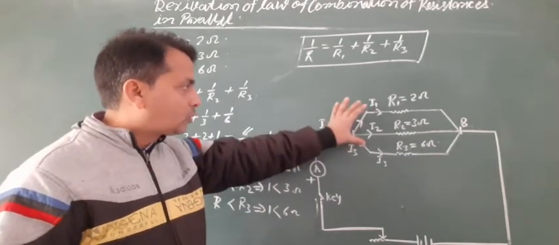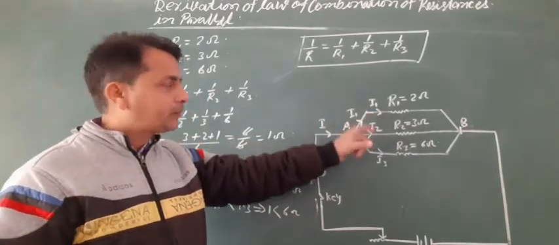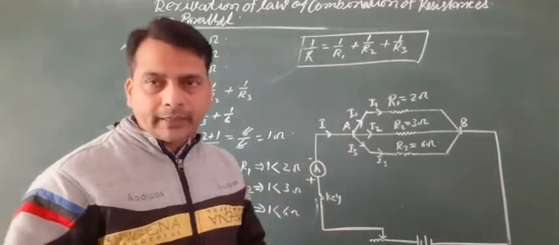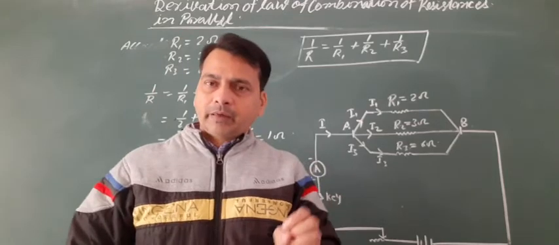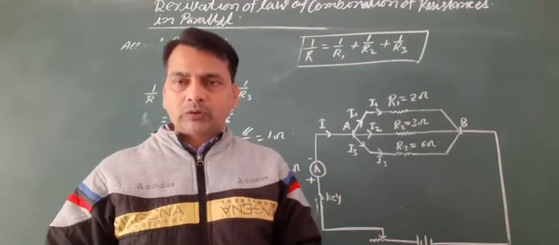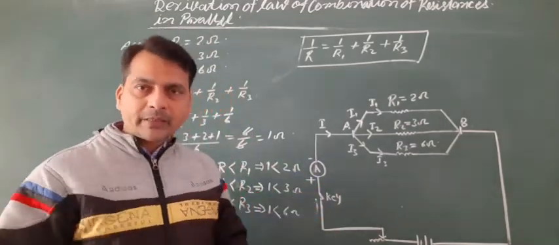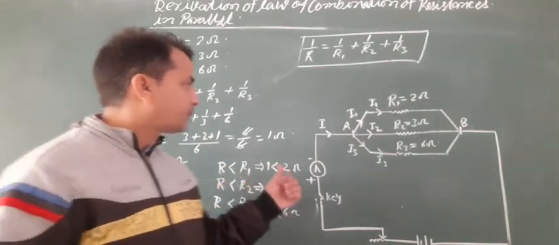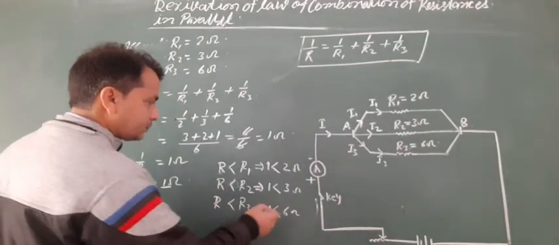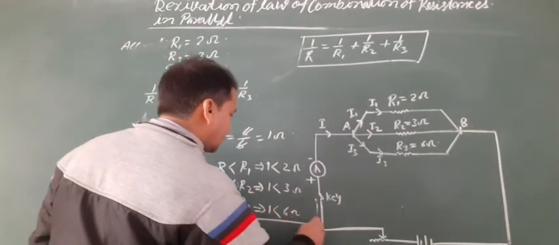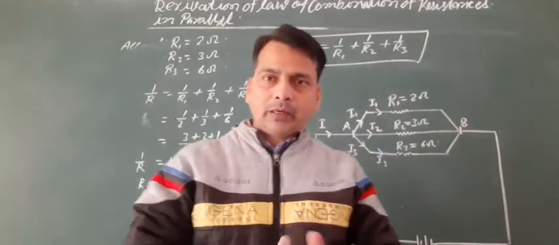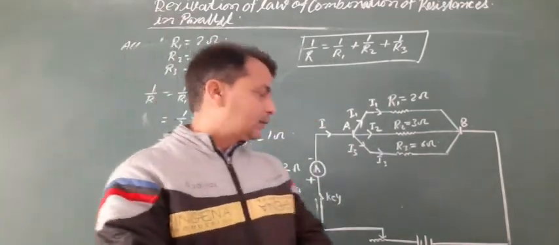So the total resistance in parallel combination will be less than all the individual resistors. So R is less than R1, R less than R2 and R less than R3.